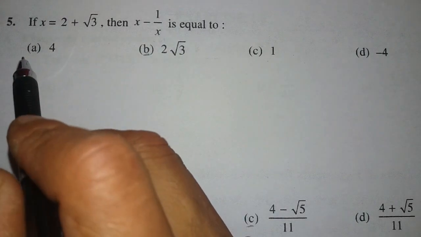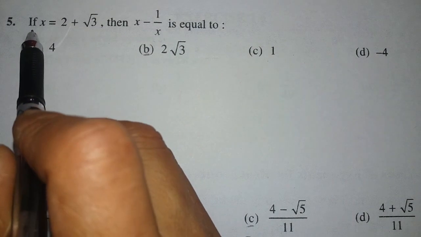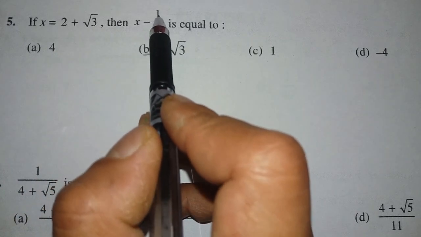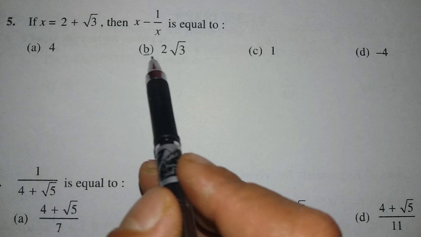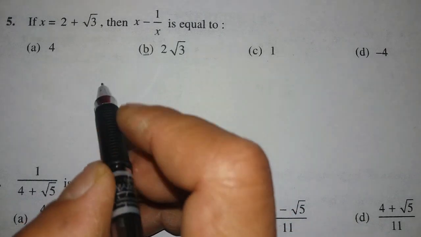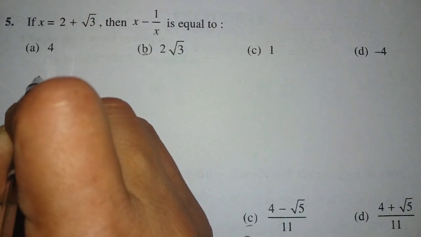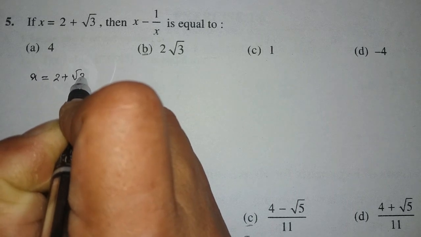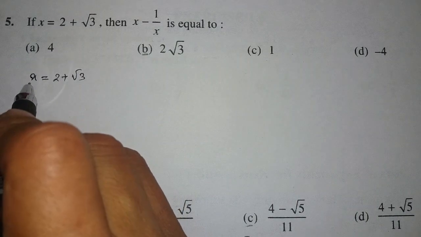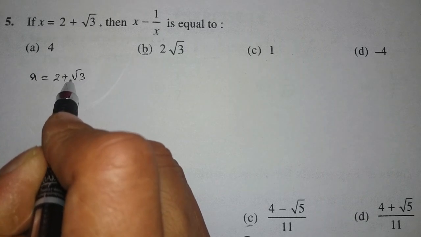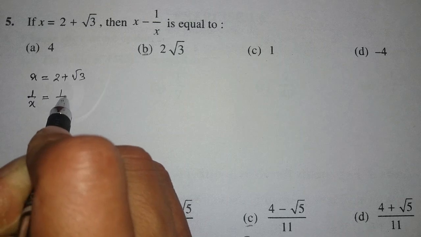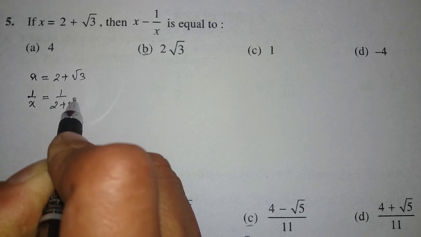And next is question number 5. If x is equal to 2 plus root 3, then x minus 1 by x is equal to this. Okay, so here we have x is equal to 2 plus root 3. Since x is equal to 2 plus root 3, then 1 by x will be 1 by 2 plus root 3.